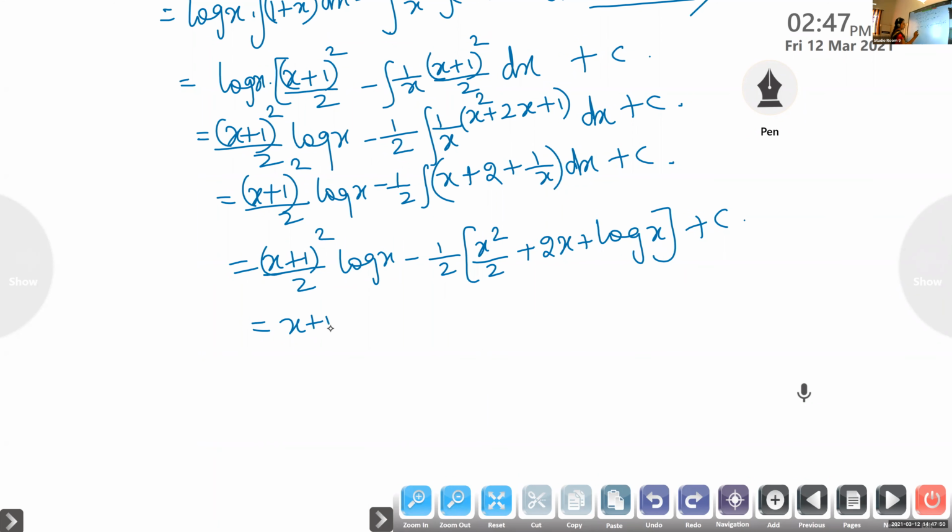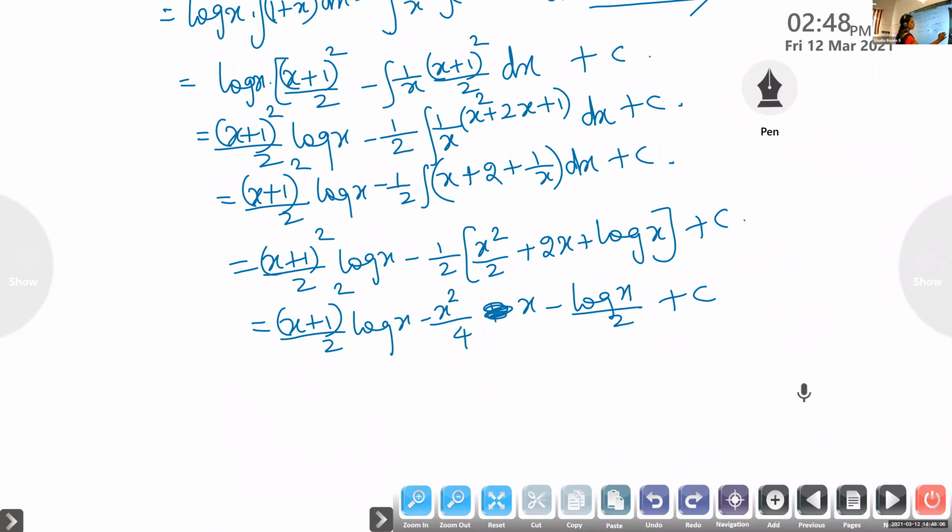It is the same as x plus 1 the whole square by 2 log x minus x square by 4 minus x minus log x by 2 plus c.